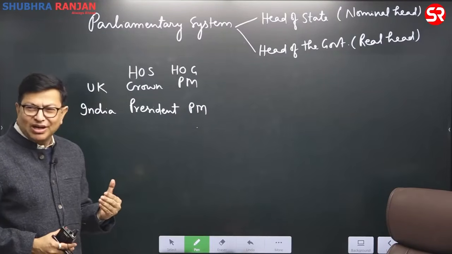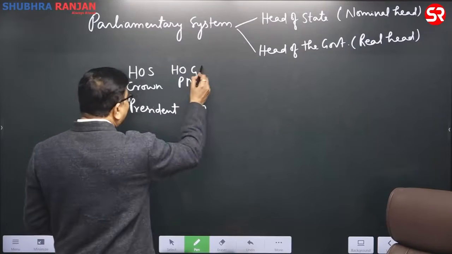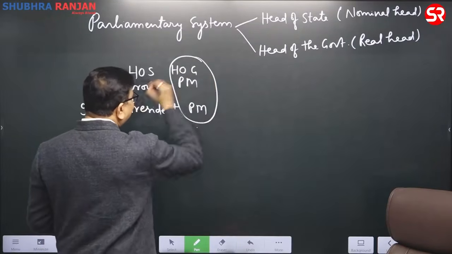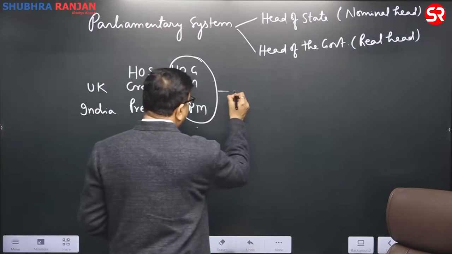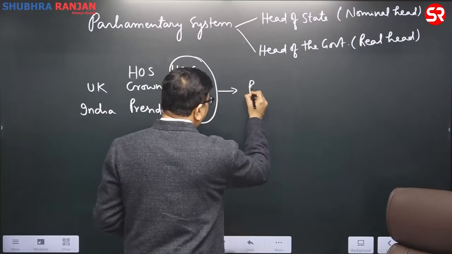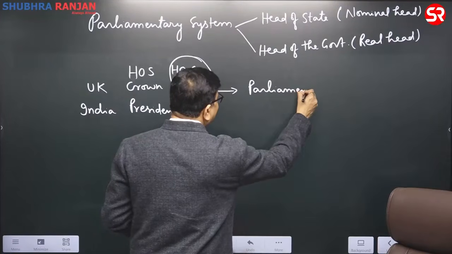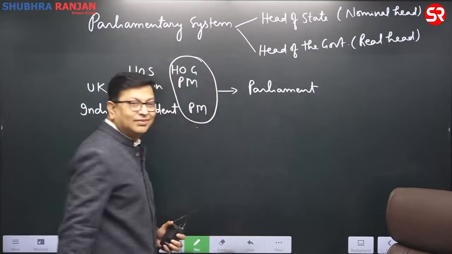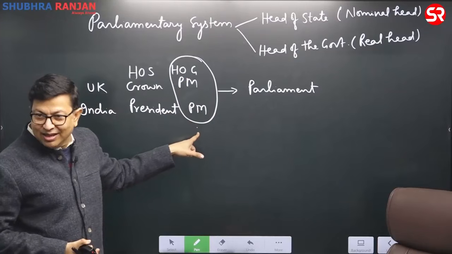Why is it termed a parliamentary system? The reason is that the head of the government, the prime minister, is provided by the parliament, meaning he must be a member of the parliament. So the parliament provides for the real head.